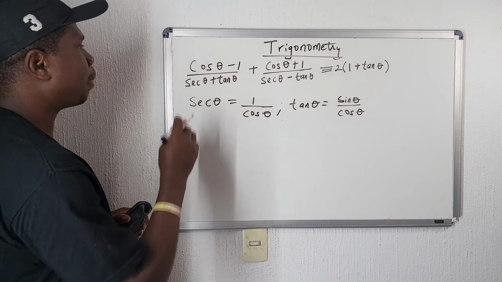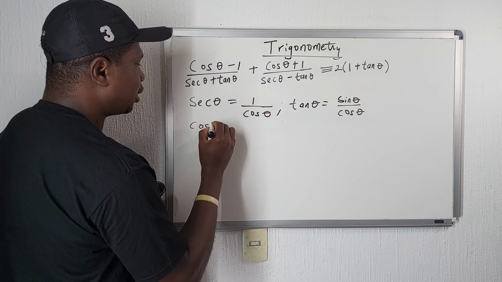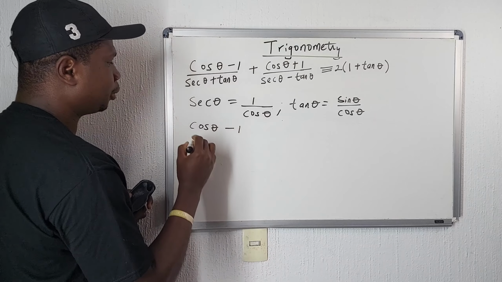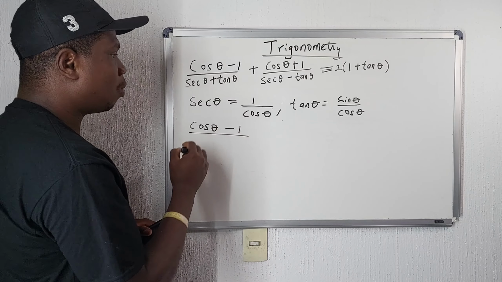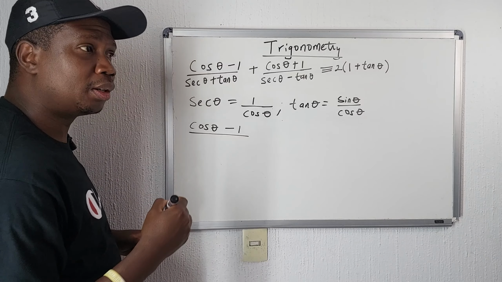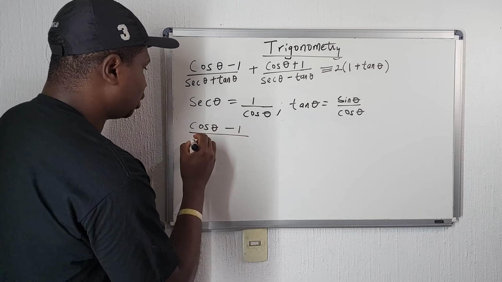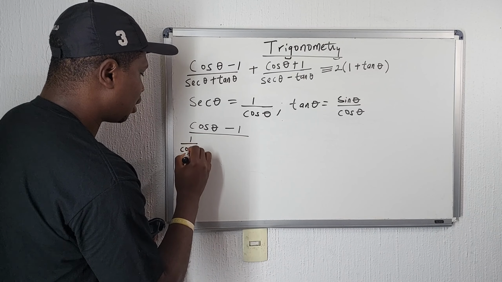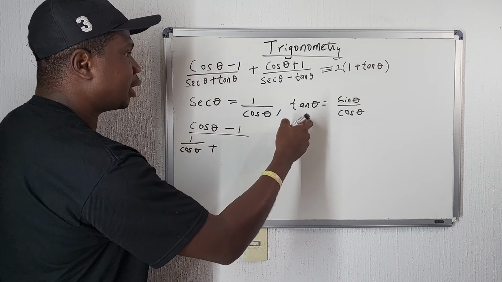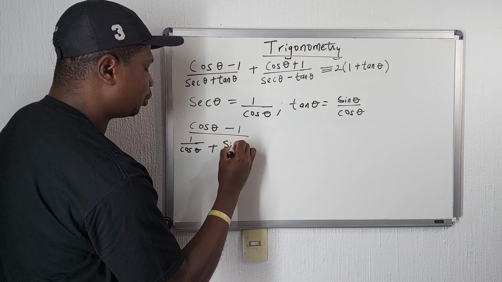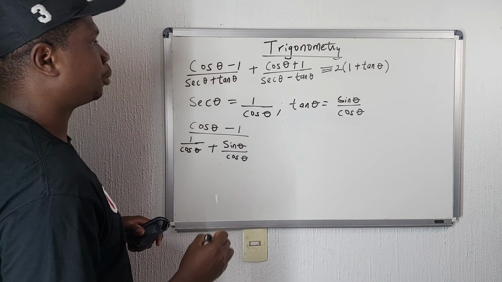Now, what do we do now? Let's simplify. We have cos theta minus 1 over sec theta, which is 1 over cos theta, the reciprocal of cos, plus tan theta, which is sin theta over cos theta.